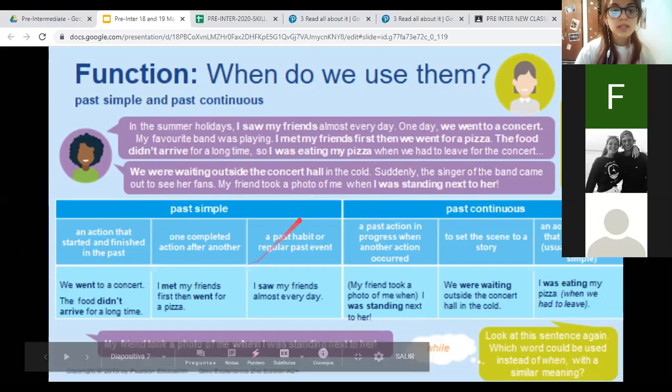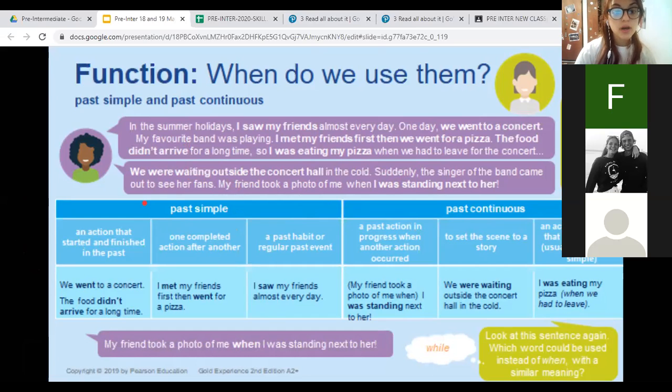So, let's take a look at the uses. We will use the past simple to talk about an action that started and finished in the past. There is no connection with the present, right? This is a concrete action, started and finished in the past. For example, we went to a concert, the food didn't arrive for a long time. We also use the past simple to talk about a sequence of actions, right?